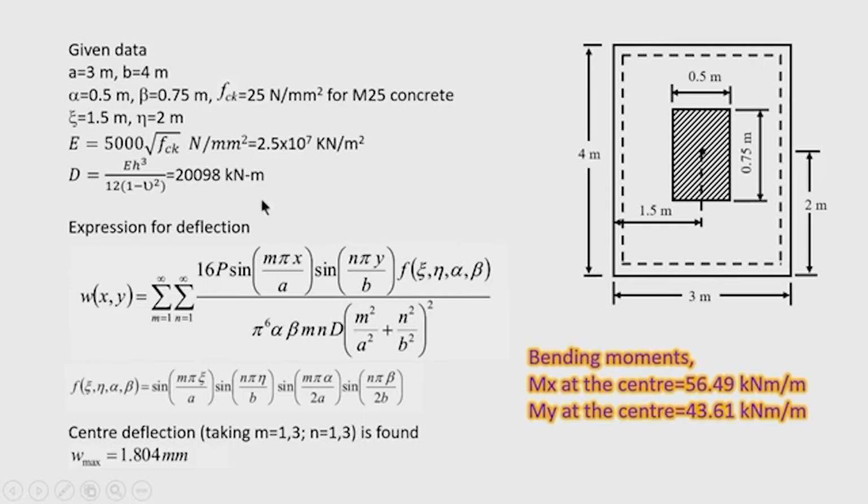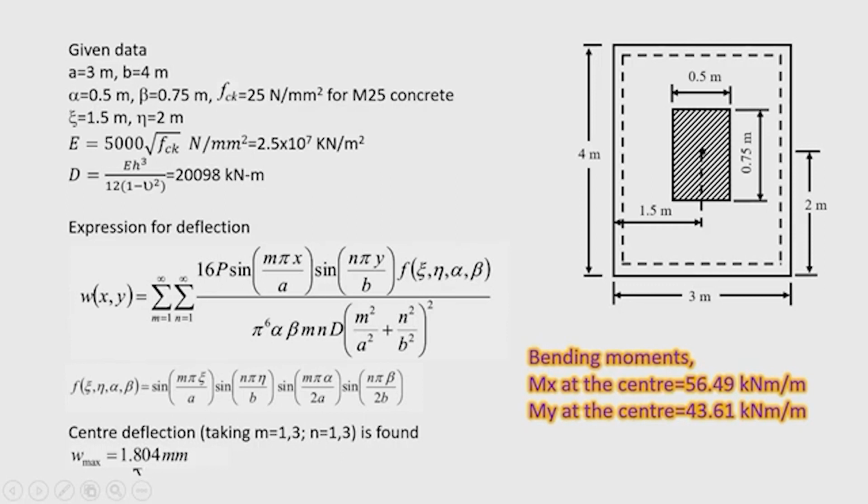So, after substituting these values and carrying out this summation, we take here two odd terms, say m is equal to 1 to 3 and n is equal to 1 to 3, and we have calculated this W max, the center deflection, because it is a symmetrical problem.